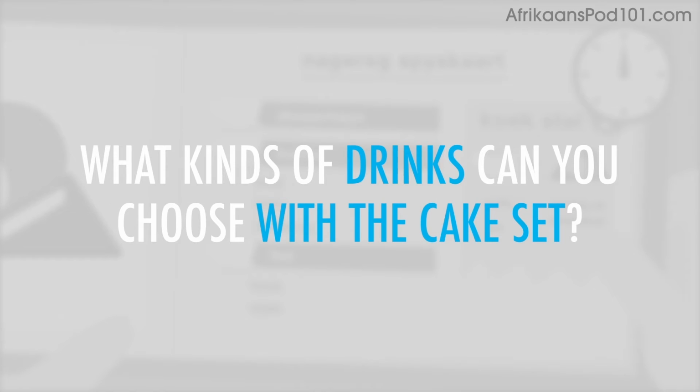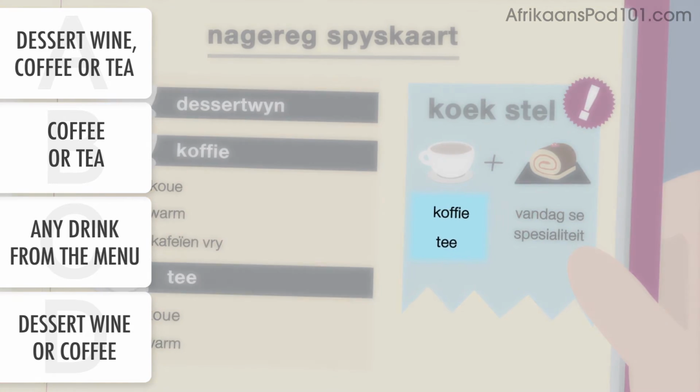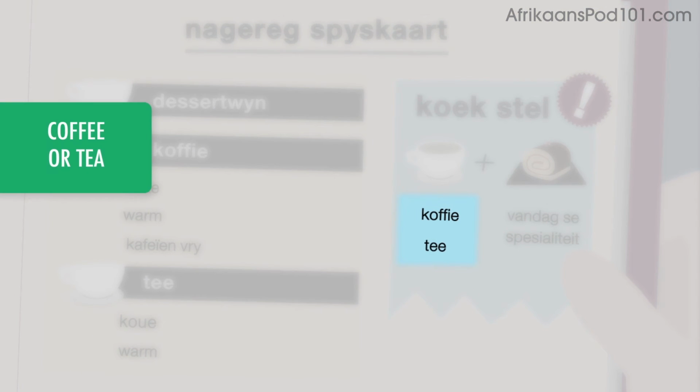What kinds of drinks can you choose with the cake set? The menu shows that you can choose from coffee or tea. Koffie, tee.